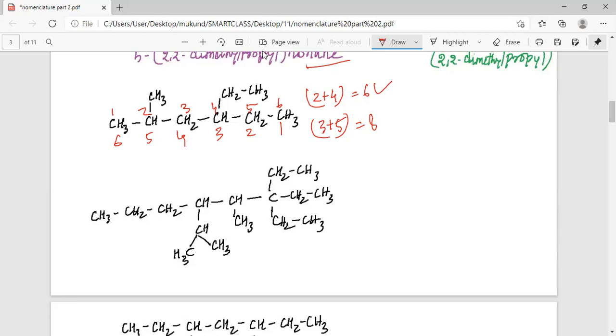So we will start from the fourth carbon because of the alphabetical order. So we will write 4-ethyl, then we will write 2-methyl, 4-ethyl-2-methylhexane. So this is how, my dear students, we will write it.